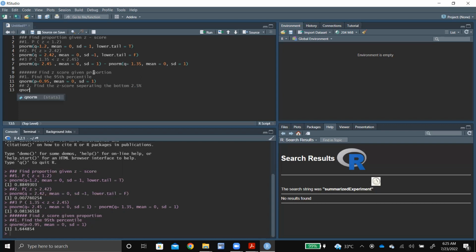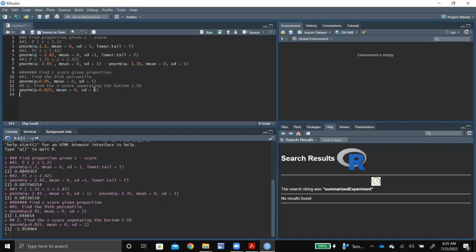Once again, we have qnorm. The probability given to us is 0.025, because 2.5 percent in decimal is 0.025, and we have mean equals 0 and sd equals 1. This gives the value negative 1.96.